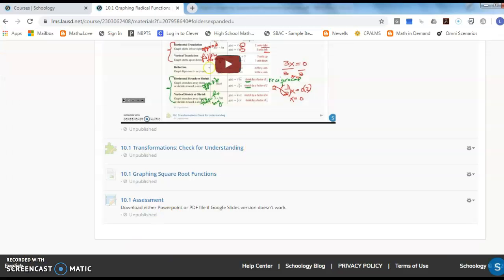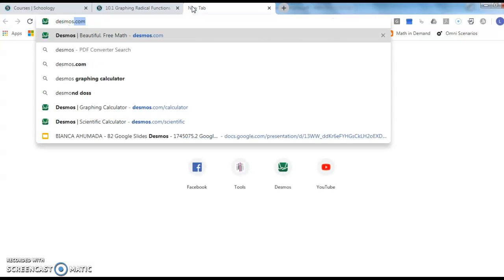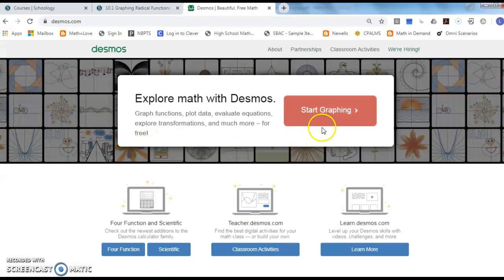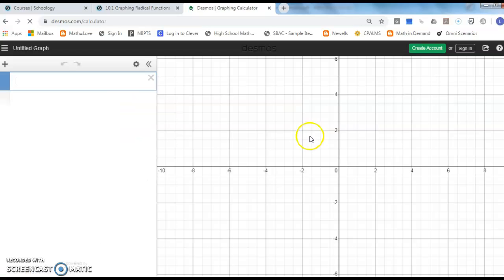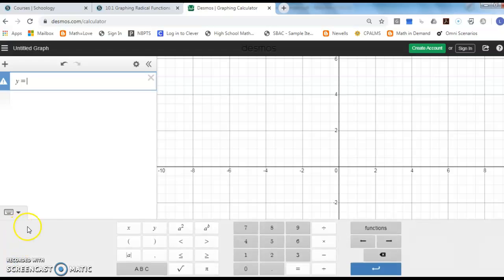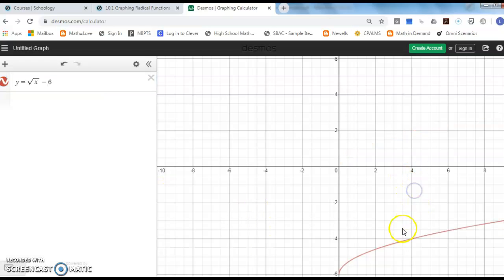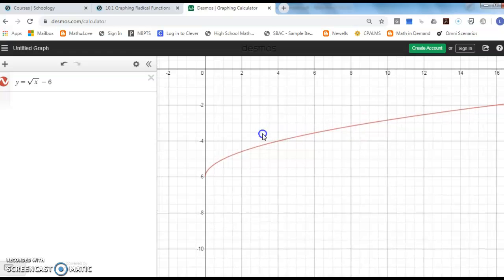Let's use another tool. There we go. So let's graph y equals the square root of x and then take away 6.